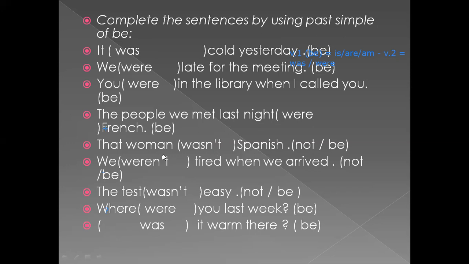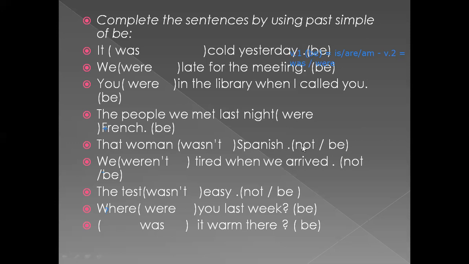And also, we said that it takes was, but we put it here wasn't because of the brackets. Whenever you should make a negative sentence, grade 7, it will be written in the brackets: not plus be. You are not the one who decides if it's a negative form or an affirmative form. Okay, it will be written in the brackets.